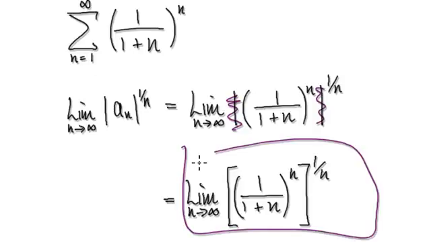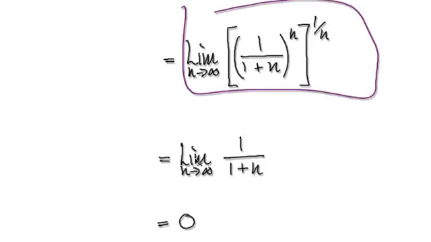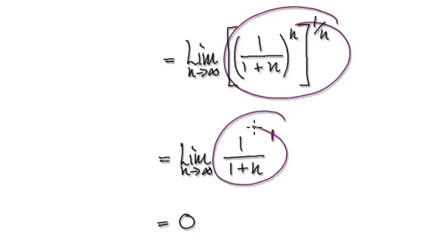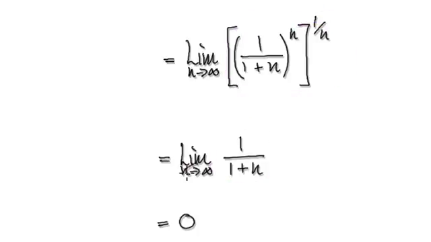Now remember, (x^a)^b is the same as x^(ab). So get this times this, that will then give you 1. But basically this thing here will then become this. So as n heads towards infinity, the denominator will just get bigger and bigger, so the limit will be 0.